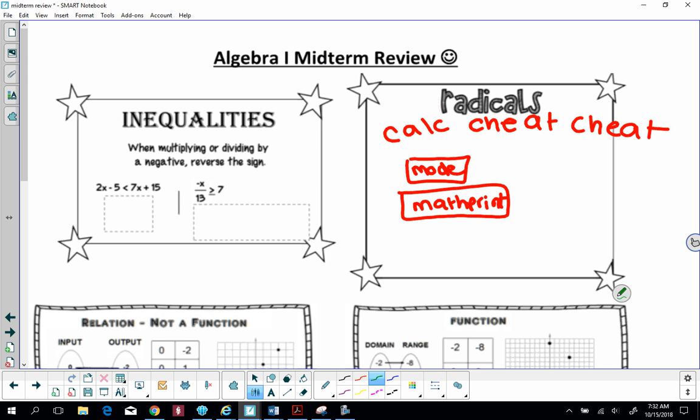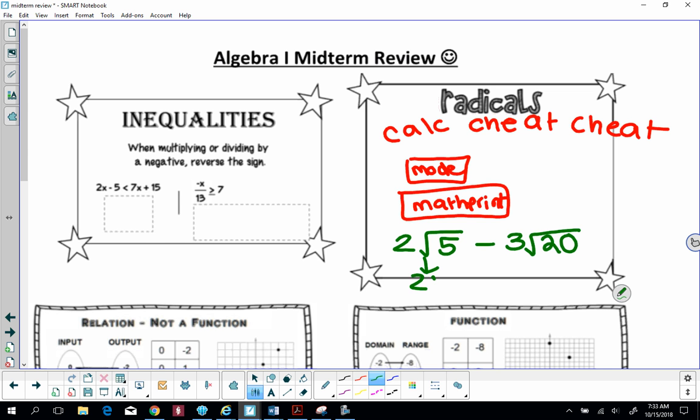There you go. And so let's do one together to make sure you guys know what you're doing. So let's do 2 radical 5 minus 3 radical 20. So 2 radical 5. See if you can try to type that into your calculator. How do I do a radical? What buttons do I press? Remember?